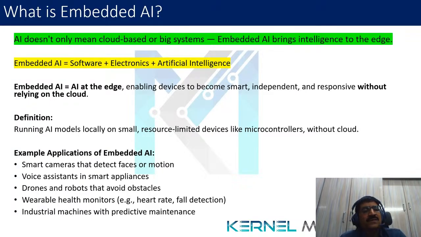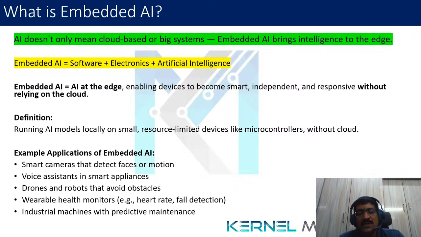Embedded AI. Again, no confusion: AI has been in the market for a long time, almost a few years. But embedded AI is a subset of AI, one new trend in AI. It's also called edge AI.